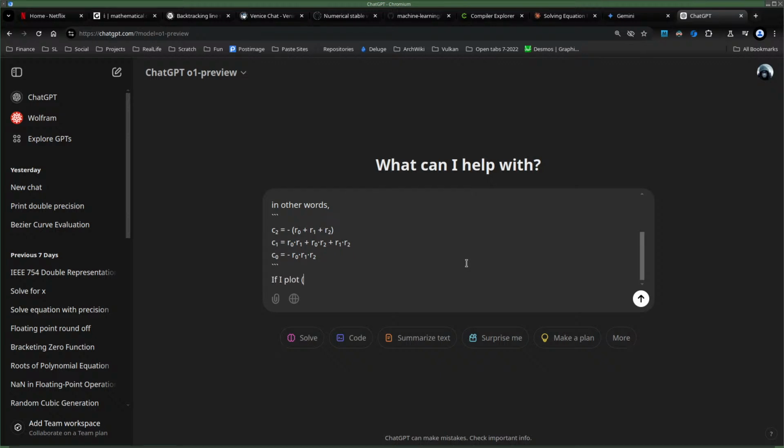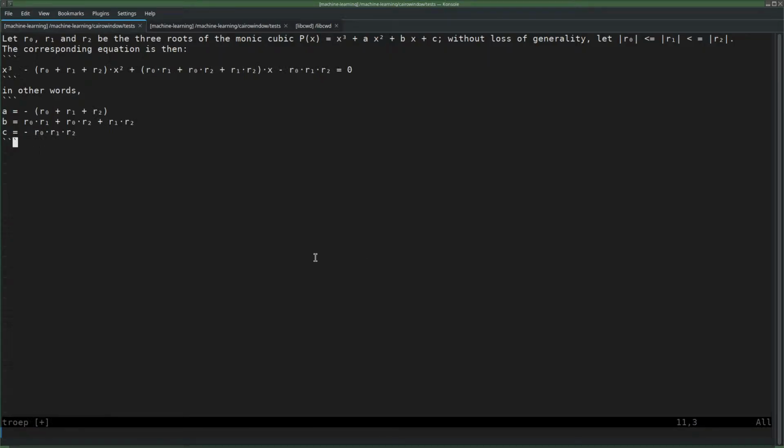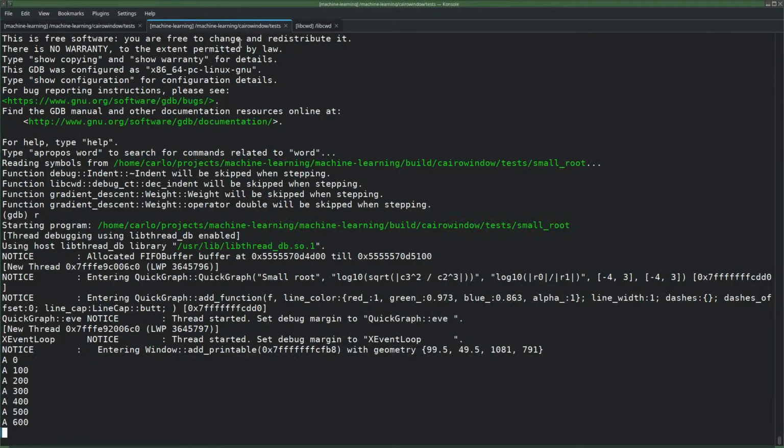Now I plot the log 10 of the square root of the absolute value of... why is it called C3? Seriously. What am I plotting then? Damn it.